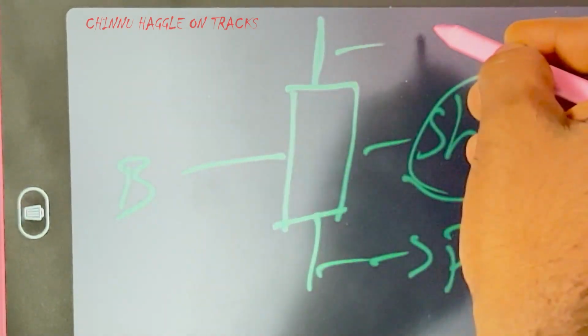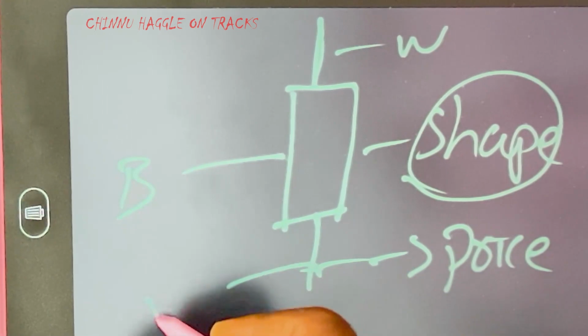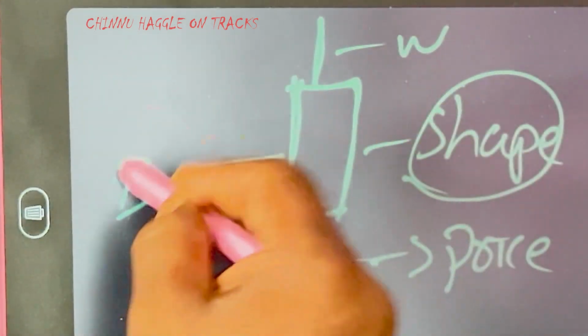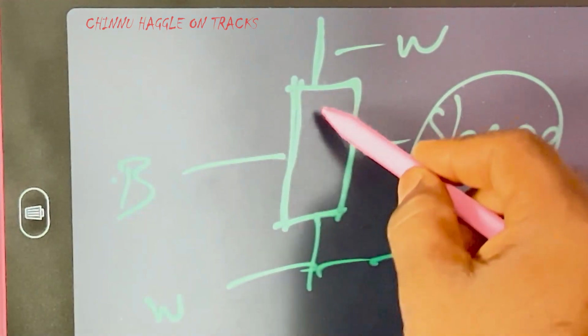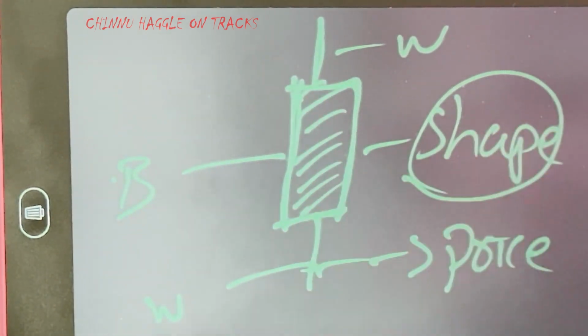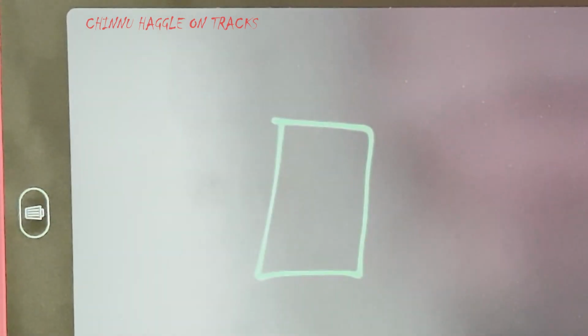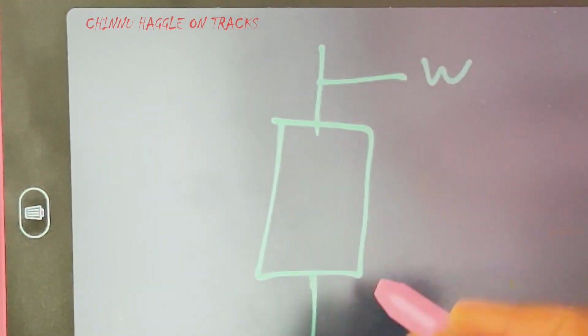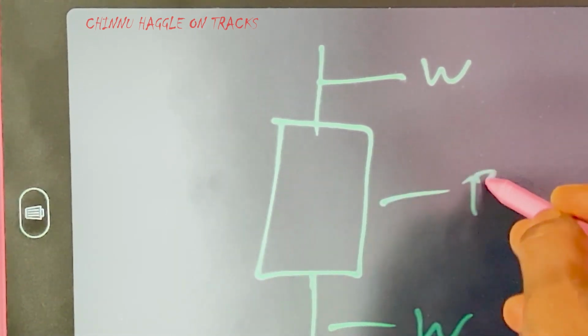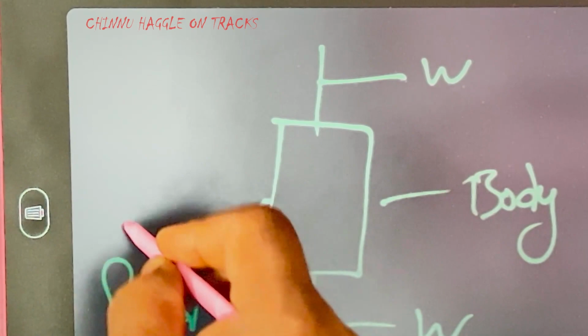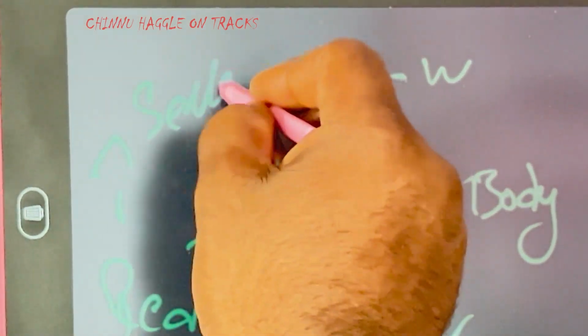These lines are called a wick, and this shape is called a body. If it is in green color, it's a buy candle. If the same kind of candle is formed by the seller, it has these shapes: this is called a wick, again this is also a wick, and this is the body. But mostly it is in red color because it's formed by the seller.